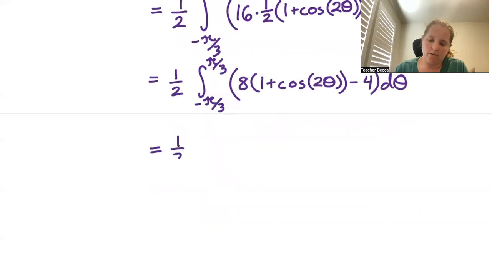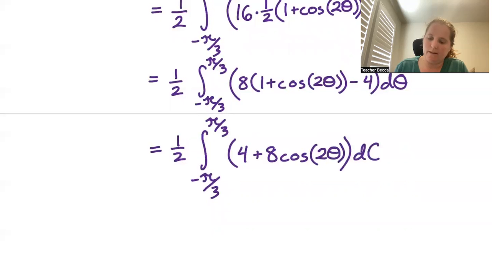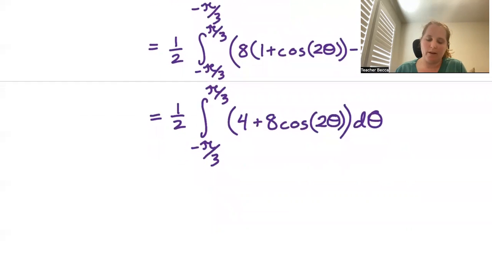So we have 1/2 times the definite integral from negative pi over 3 to pi over 3 of 4 plus 8 cosine 2 theta d theta. Of course, we can multiply in that 1/2.